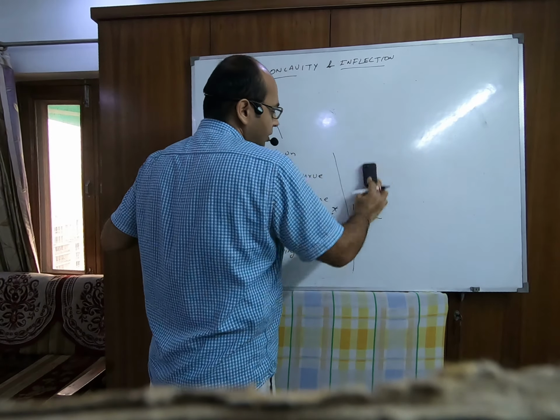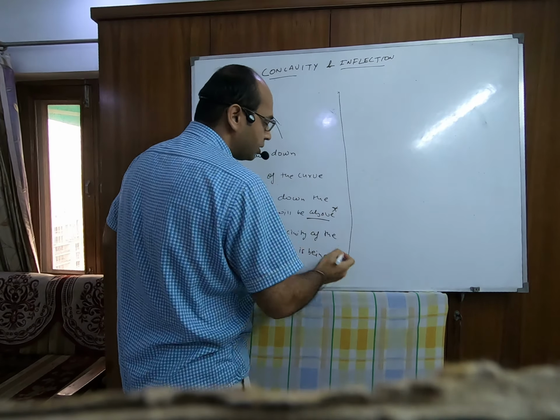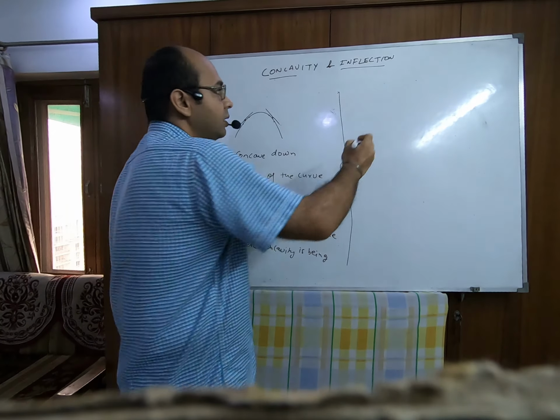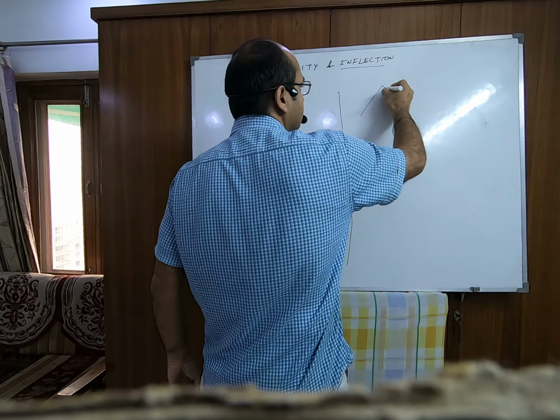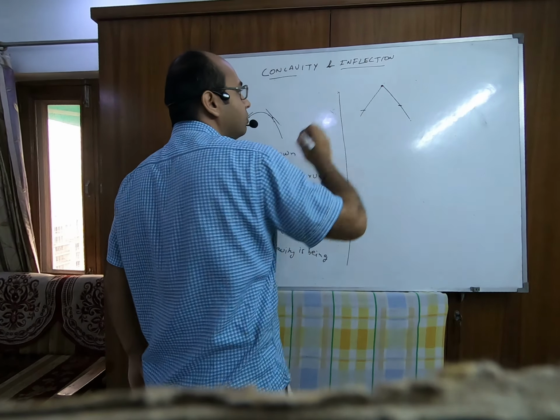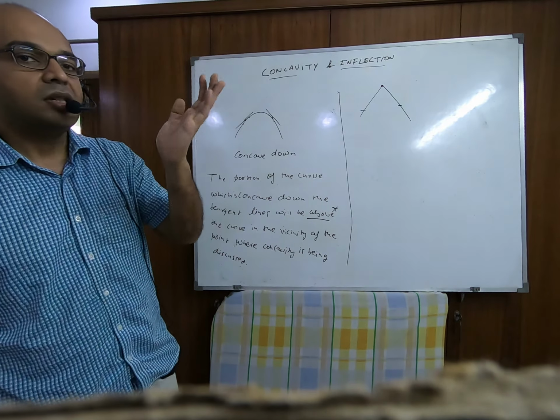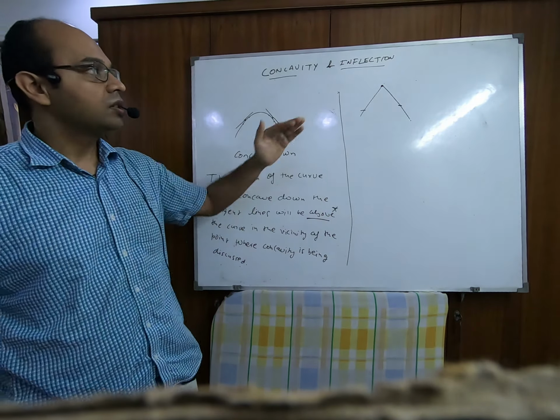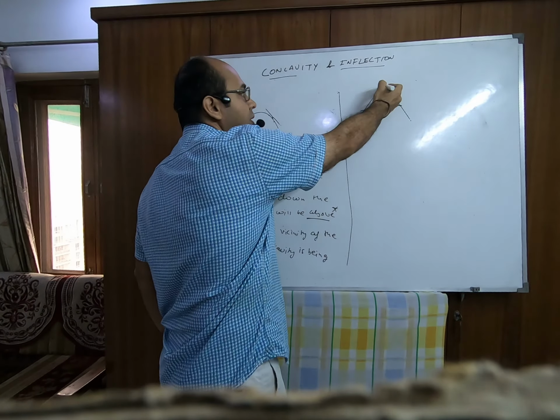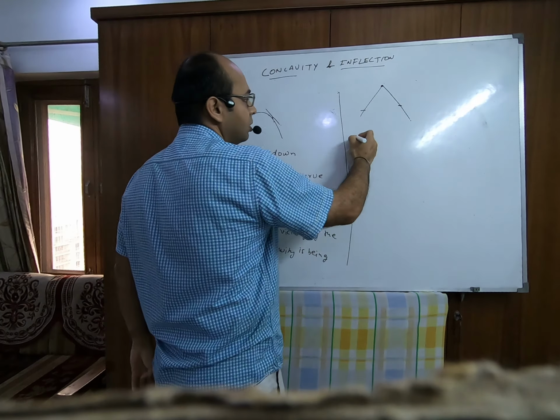Now the second point is, for which curves can we discuss concavity, right? Let us say there is a curve like this. Can we discuss concavity of this curve at this point? No. Concavity is the shape of the curve. If it is a straight line, or if a point is not differentiable, we'll not discuss concavity.